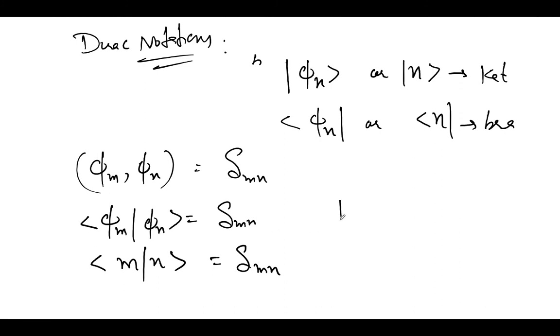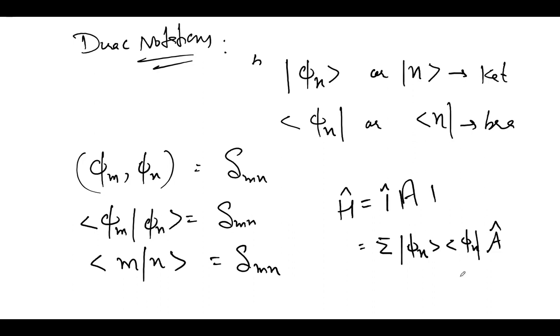So for the identity operator, any operator acting on this physical parameter A can be written as summation of phi n A into summation of phi m. This term is generally considered the identity operator.